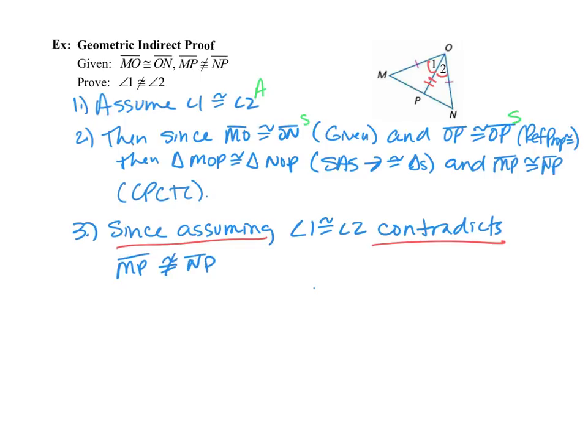Remember what our assumption led to? It led to the conclusion that they would have to be congruent. So since the assumption that angle 1 is congruent to angle 2 contradicts the given that MP is not congruent to NP, then we'll finish it off and say, then it must be true that the original proof statement, angle 1 is not congruent to angle 2.